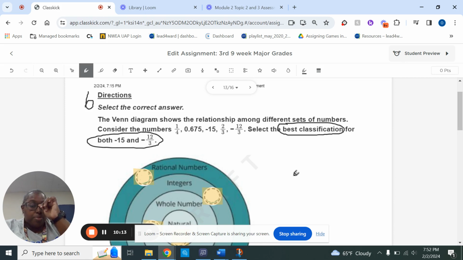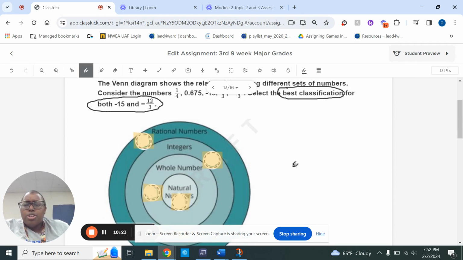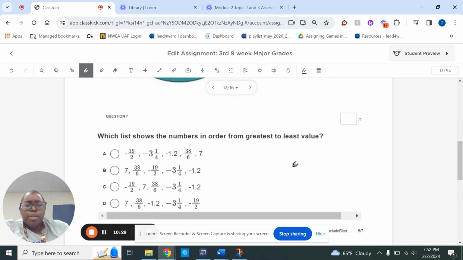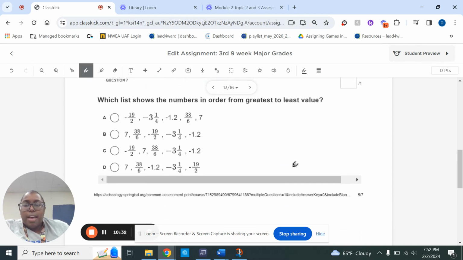So if you solve the fraction and it gives you a counting number, then it can go in another classification other than rational numbers. So I would always check all my fractions to make sure they can't go somewhere else. Don't just assume.